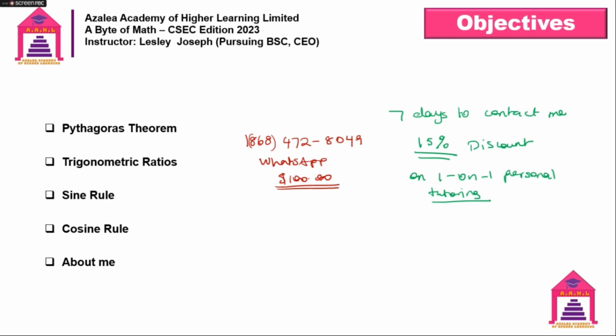Now guys, we just came off from doing math, so anybody could comment down below how much 15% off is. Nobody got to me. How much is 15% off for $100? 15% of $100 is $15. So you would get $85 per hour for your tutoring.